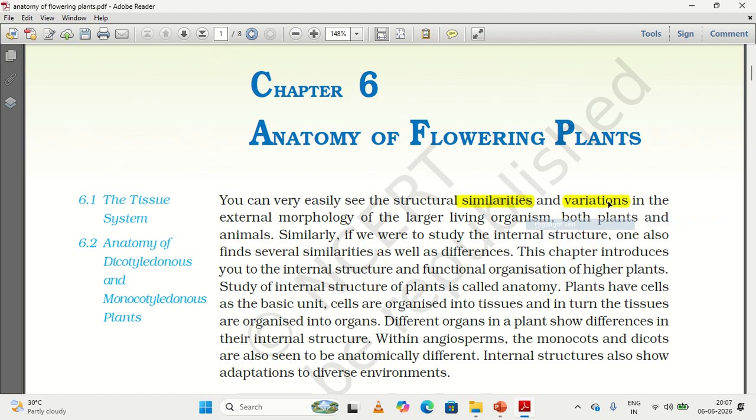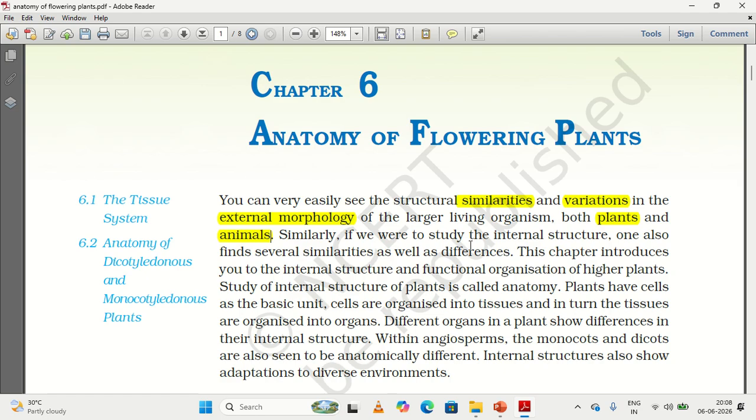Similarities and differences in the external morphology means that externally, with the naked eye, we can see the differences and similarities in the external features of large living organisms like human beings, elephants, sharks, whales, or the angiospermic plants which are big in size. Huge animals like the elephants we can see.